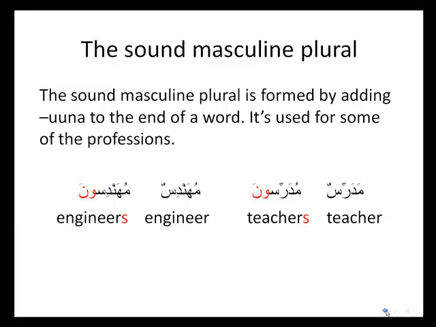Muhandisun, an engineer, becomes muhandisuna, many engineers. Okay? So at the end of the word we just add waw noon, and that's the plural form.